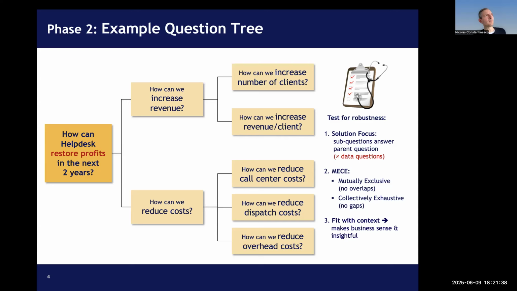But if you structure the problem up front and you say, okay, how can I negotiate a better salary within my current job, or how can I find a different job? And then you break down how can I find a better job into job categories that fit different parts of your skill set.